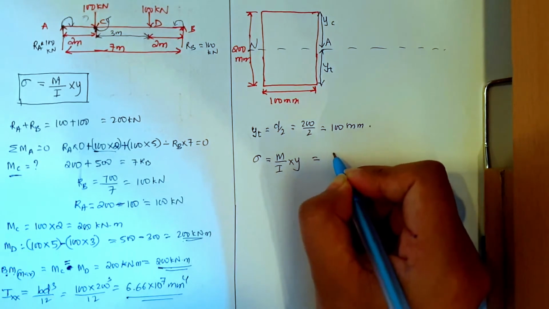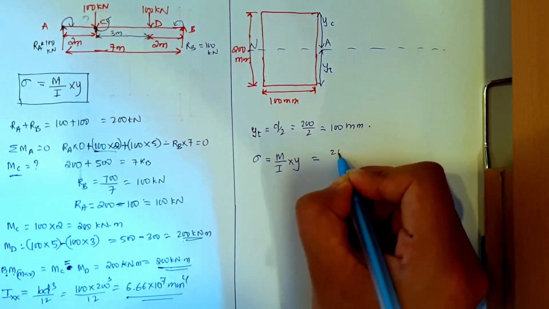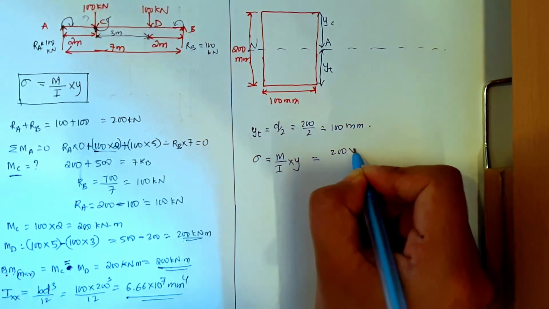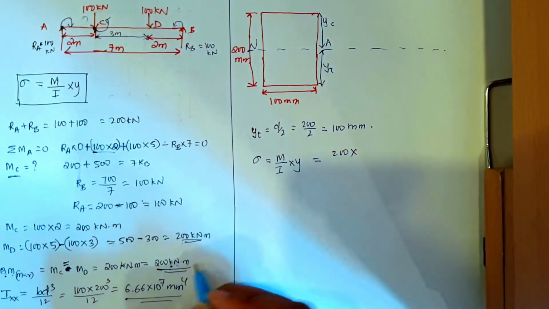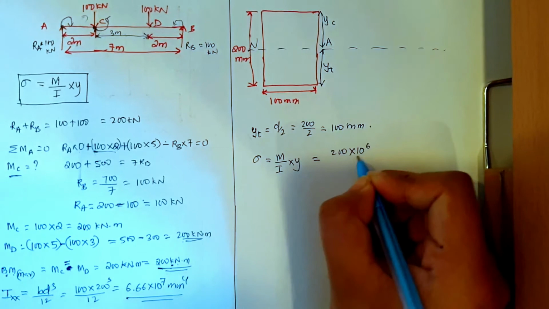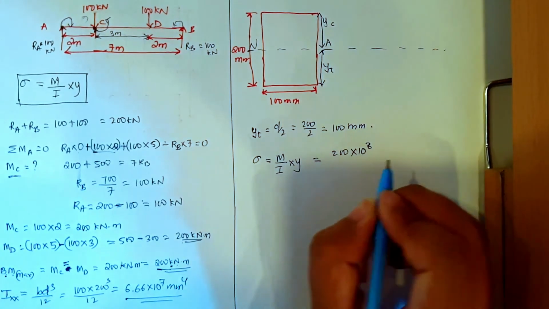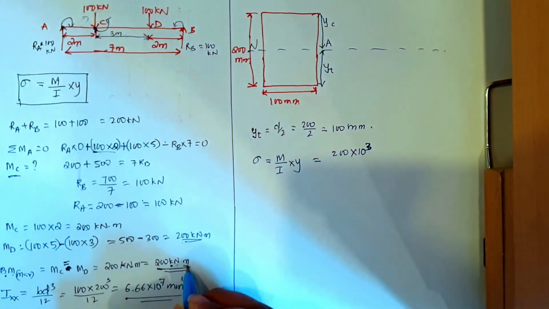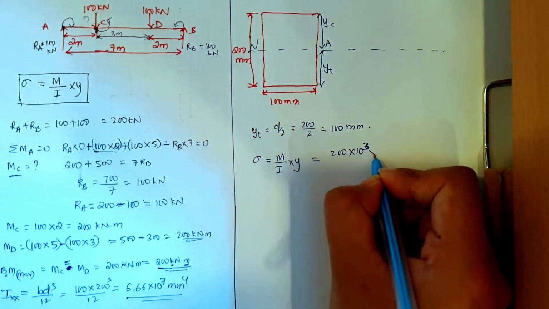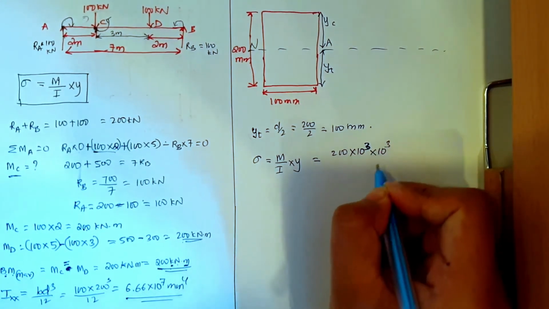So how much is M? M we got equal to 200 into, now this is in kilonewton, converting kilonewton to newton gives into 10 raised to power 3. Now converting meter to mm gives into 10 raised to power 3.